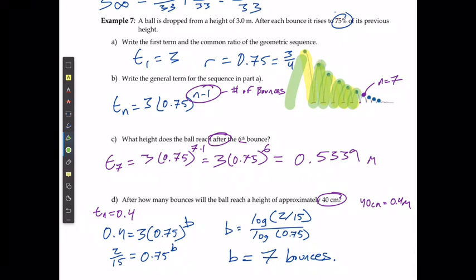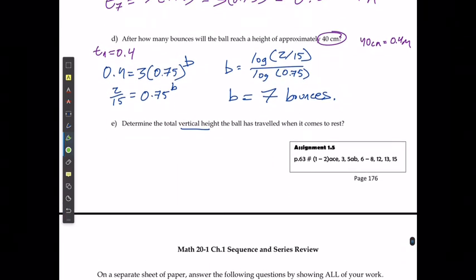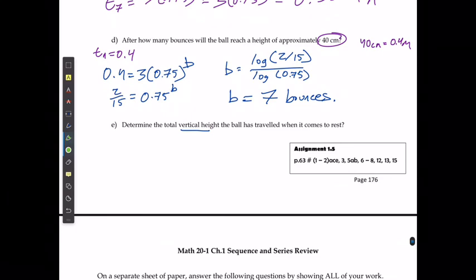For the rising, that actually starts on term 2. So what I'm actually doing is the total vertical distance is going to equal the falling distance plus the rising distance.